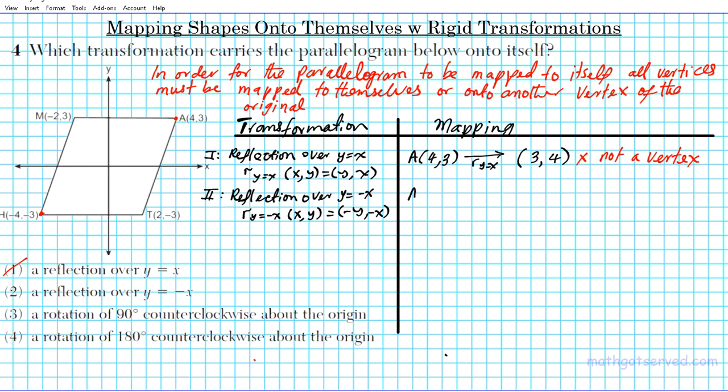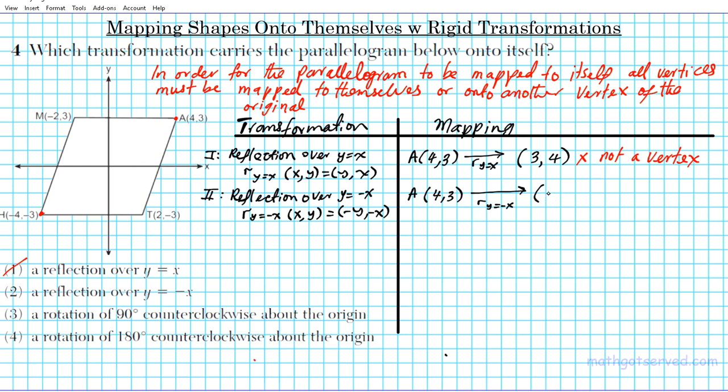Let's apply this transformation to point A again, 4, 3. If we apply the transformation, which is a reflection about the line y equals negative x, the coordinates will switch to, oopsie, not 4, 3. It's going to switch to 3, 4.